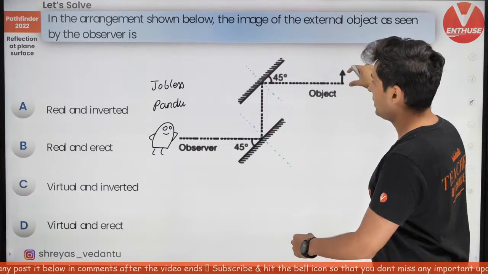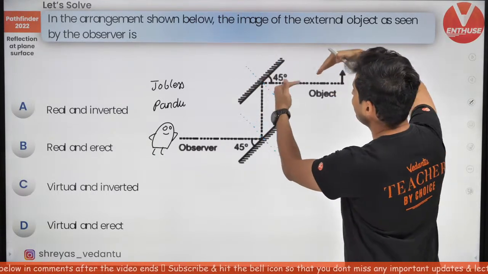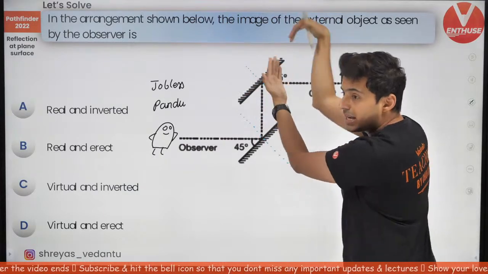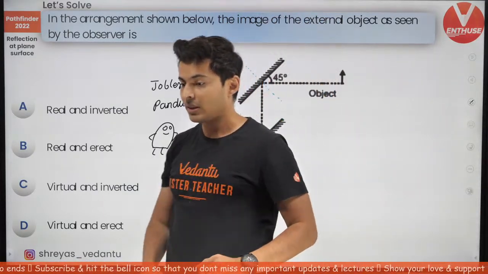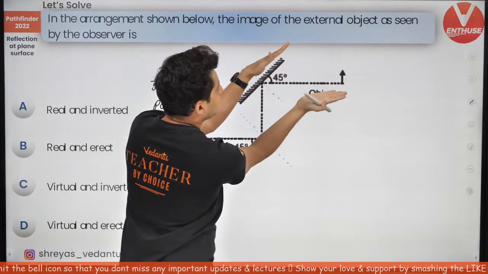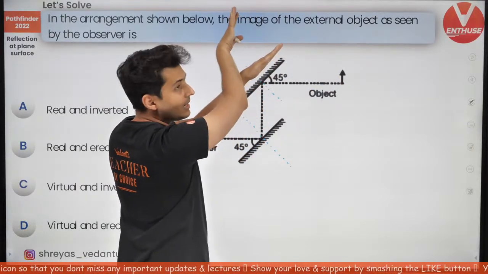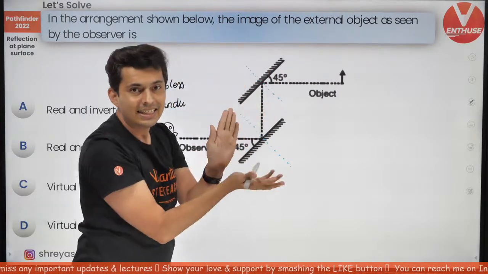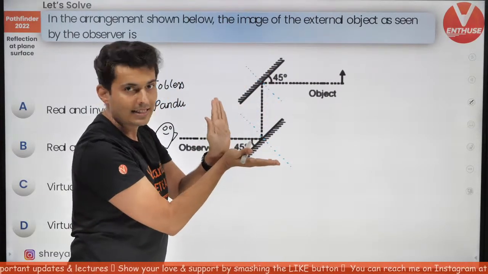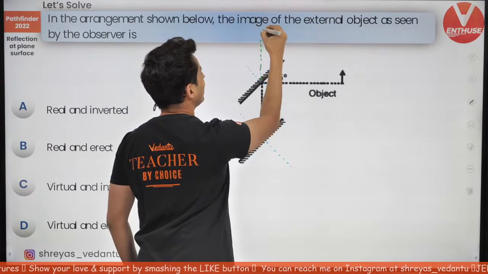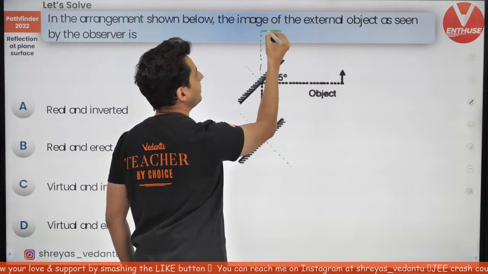This object is 45 degrees in front of the mirror. The image will be 45 degrees behind the mirror. So 45 plus 45 is 90 degrees. So the image should be formed somewhere over here, and it should be formed like this.